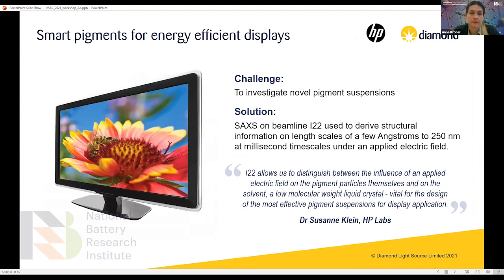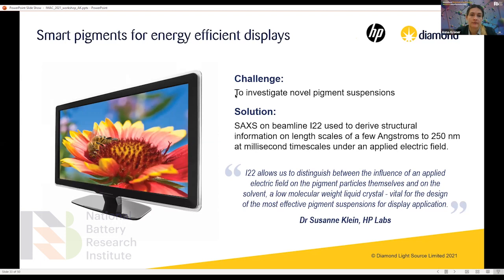I have a couple of case studies where industry uses SAXS to solve their industrial problems. So the Hewlett-Packard company wanted to study the dispersion of the pigment in the liquid crystal media. Specifically, they wanted to know the behavior of the suspension when a different electric field is applied.